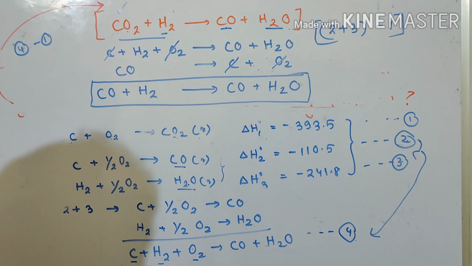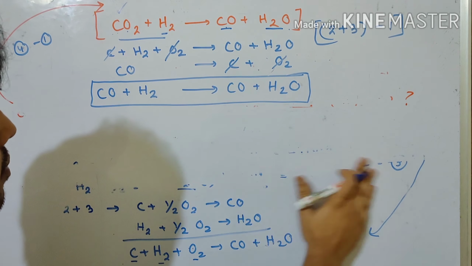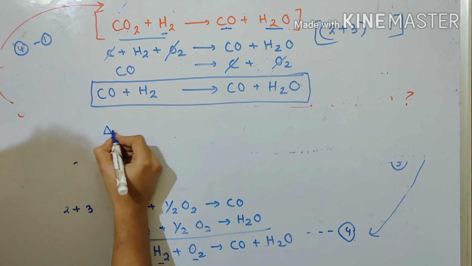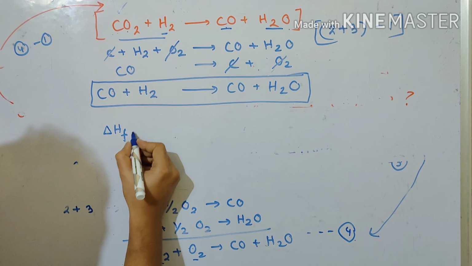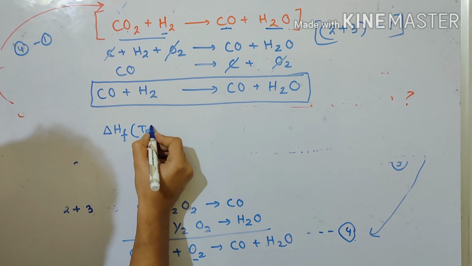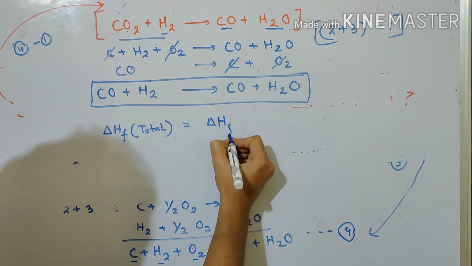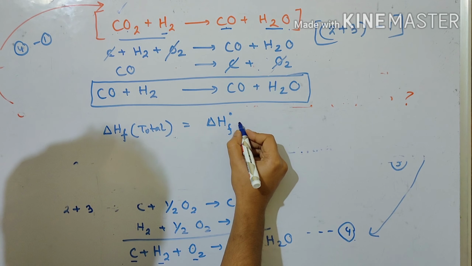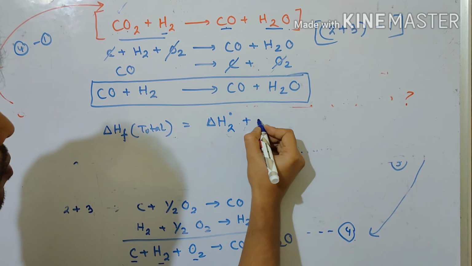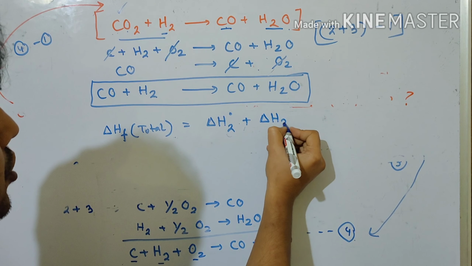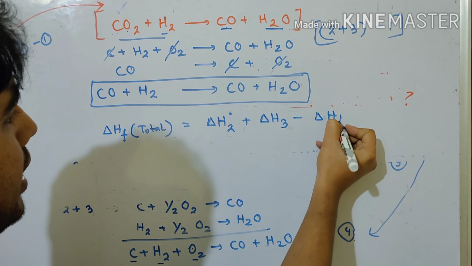So according to that, the total delta HF should be delta H of equation number 2 plus delta H3 minus delta H1.